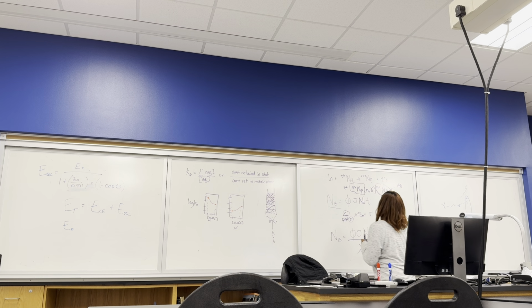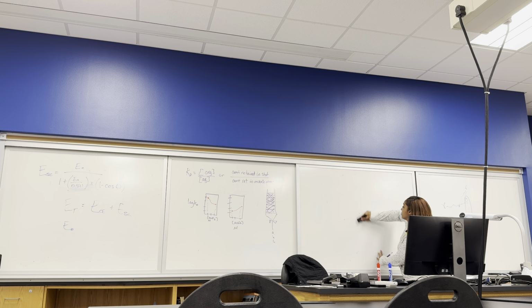I'll just erase all this other stuff and rewrite it. So that's Neptunium-237, and I asked you to calculate the effective Coulomb barrier for this reaction.